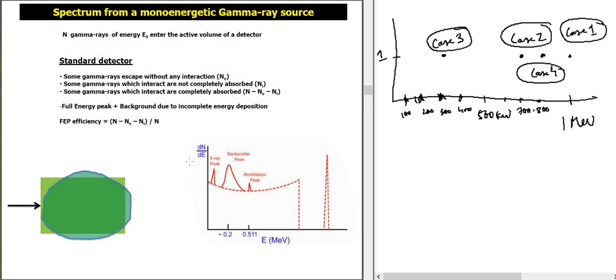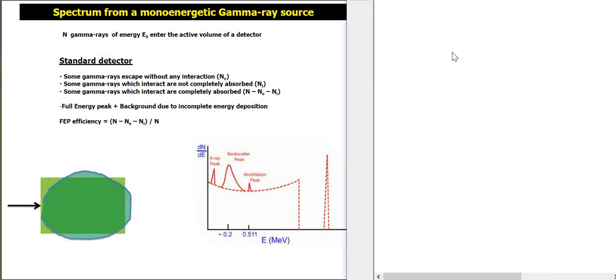So as I was saying, when gamma rays enter the detector, not all of them will interact. Of course, some will just escape without interaction. Right. What I have done is, n gamma rays enter the detector.